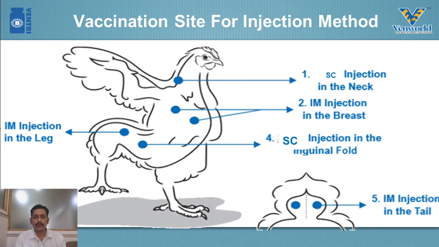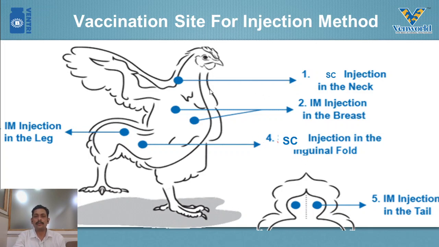So these are the different routes of vaccination or different sites for injectable vaccinations. The most common is the subcut way. Here we can give the vaccination subcut, or intramuscular in the leg or in the breast muscles.